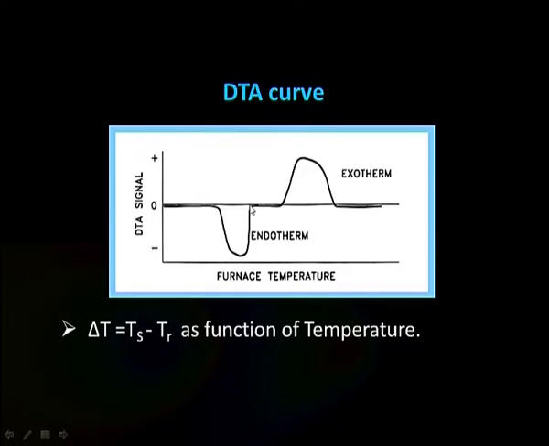Again, if it is exothermic, it undergoes an upward change and we see a curve like this. On the x axis, we have the furnace temperature, and on the y axis we are plotting the DTA signal. When the delta T value is negative, it is endothermic. When delta T value is positive, it is an exothermic change.